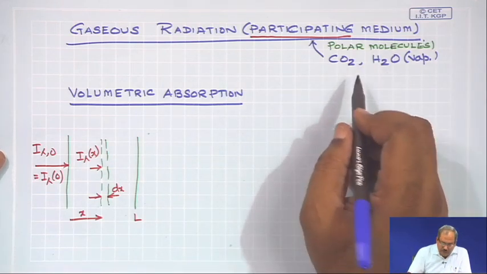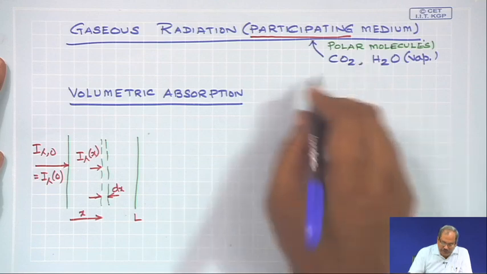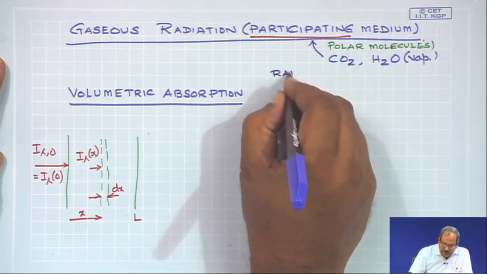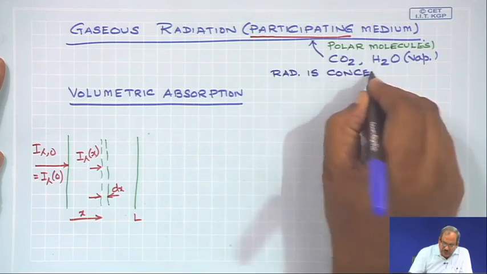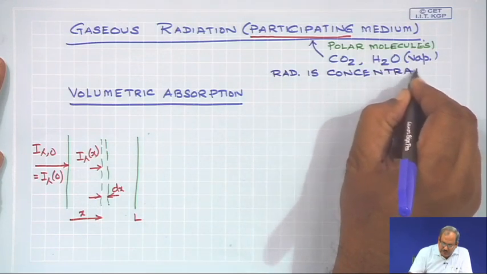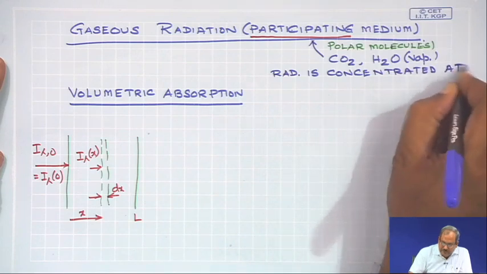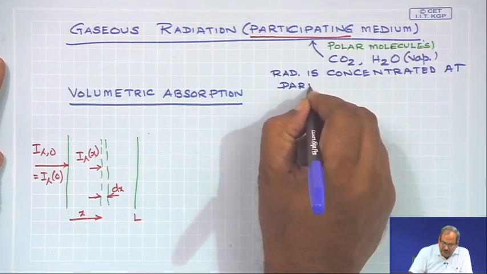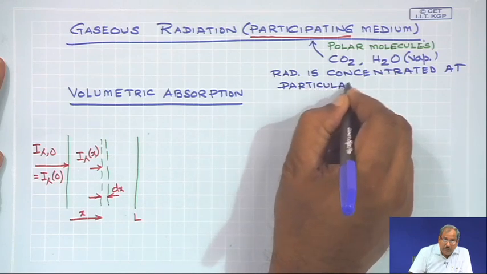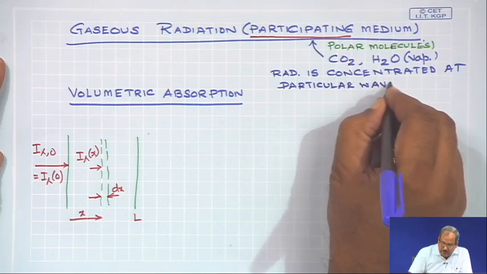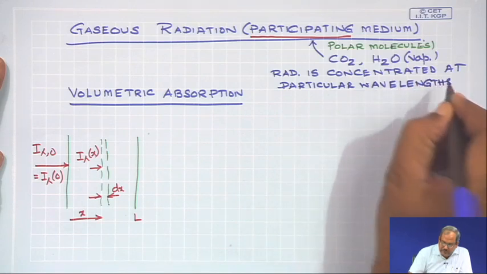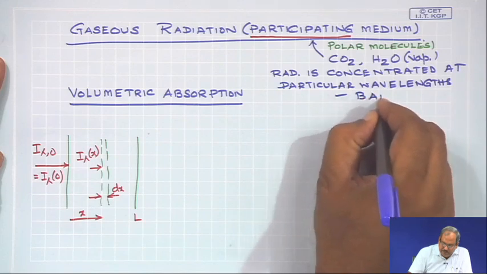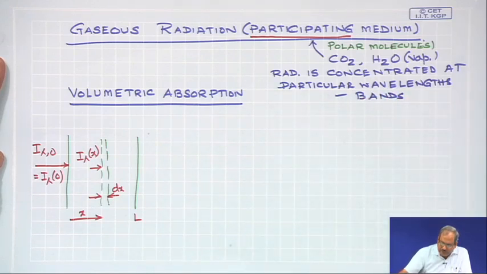The complication is even more, in that radiation for these molecules is concentrated at particular wavelengths, and these particular wavelengths are called bands.